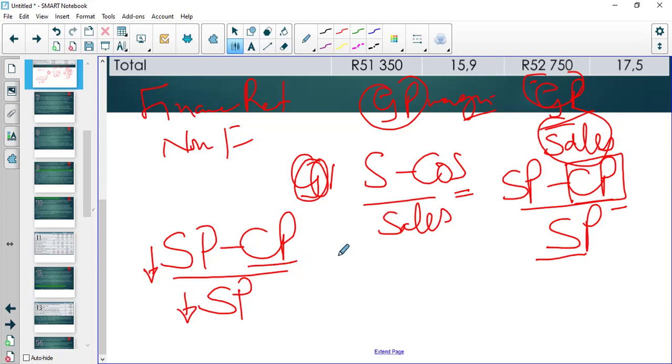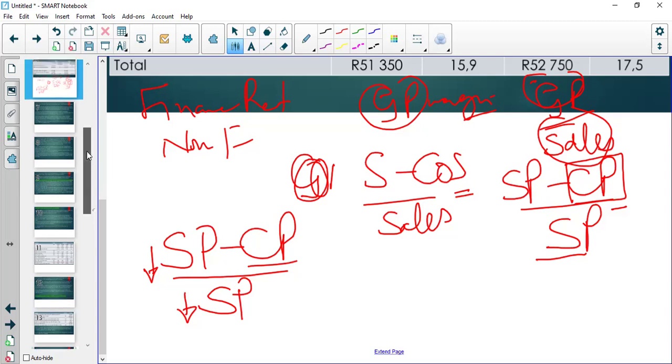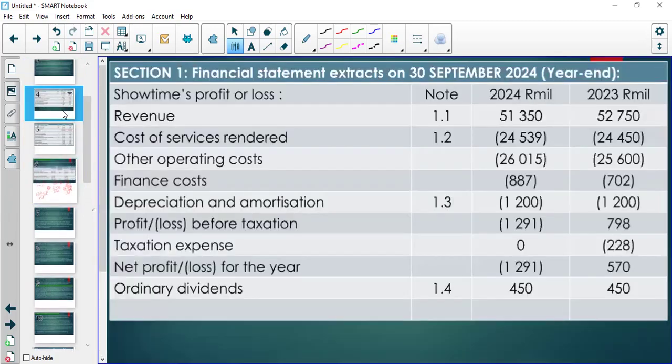So it's some things you can calculate, because then you can actually come to your income statement, right? So you see the actual income and the actual cost. You see whether there was an increase. So if you look here, there was a decrease in revenue and there was a slight increase in cost of sales. So it's obvious what happens to gross profit, it's going to go down. So if you calculate your gross profit margin and you see that it has gone down, then obviously you will see that this is the contributing factor.